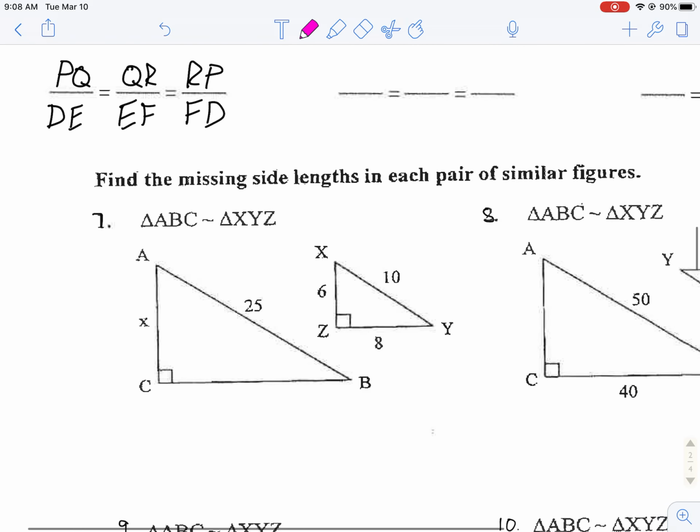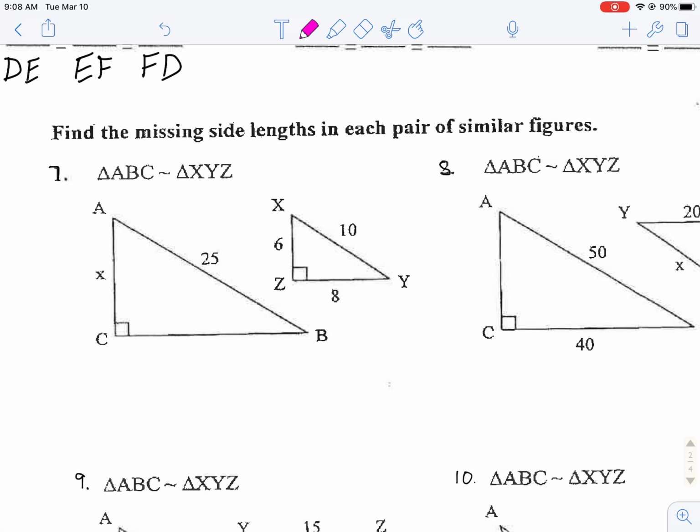And then finally, problems that you're actually applying, where you're trying to figure out, okay, I have a missing side, but which side should I be using to figure that out? So example number 7 here, I want to find the missing side lengths in each pair of similar polygons. So here I'm missing side x, which is AC in our bigger triangle of ABC.